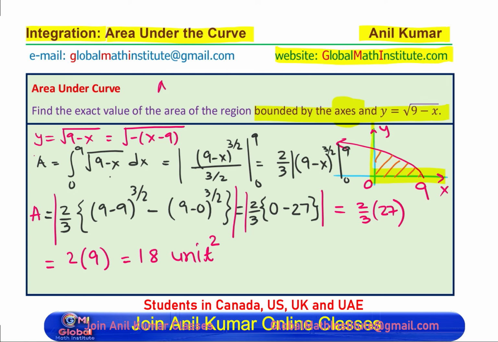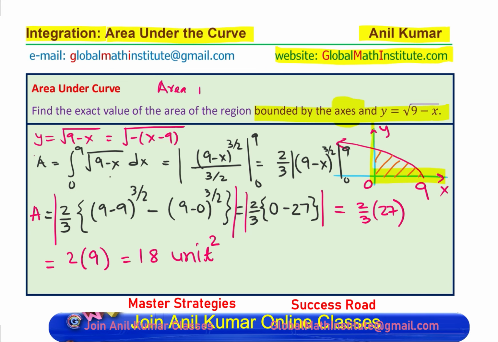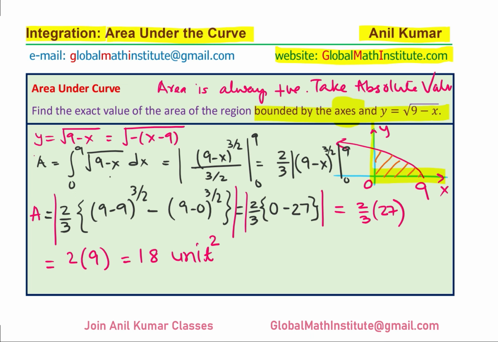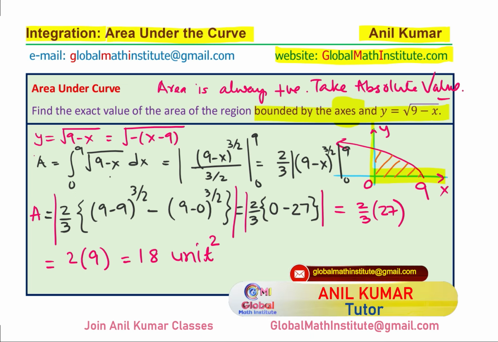So remember, area is always positive. So take the absolute value. Make sense? So that is what you have to take care of. So I hope with this you understand the complete solution of the question.